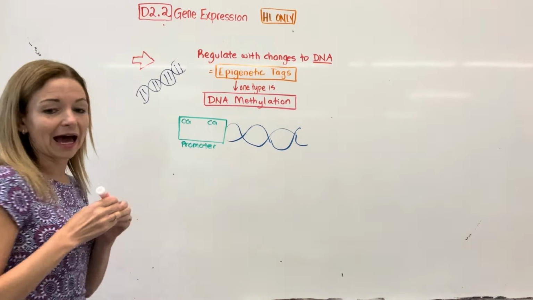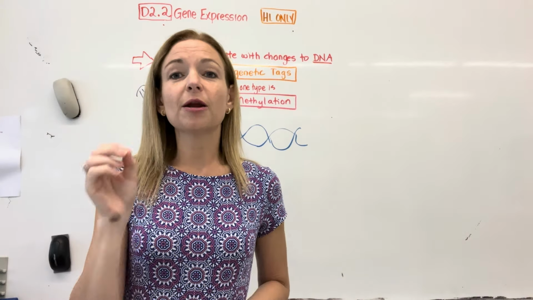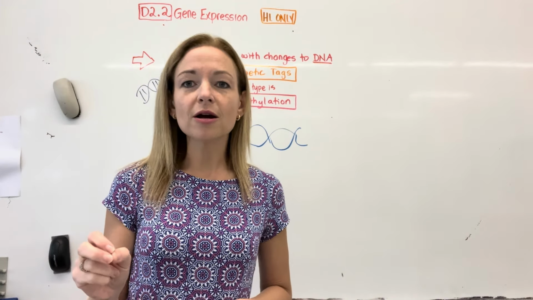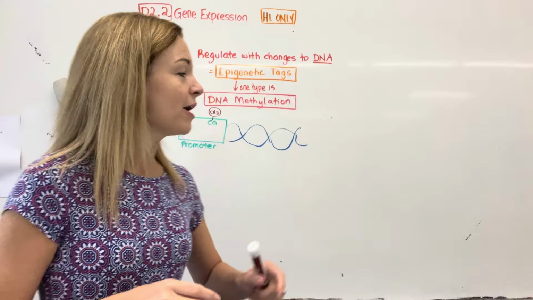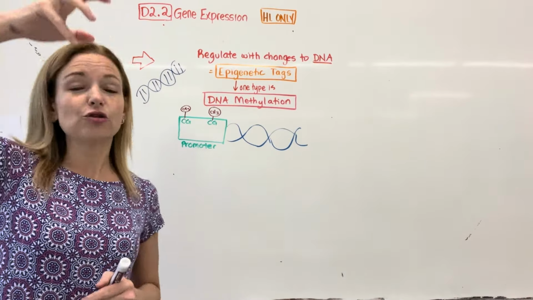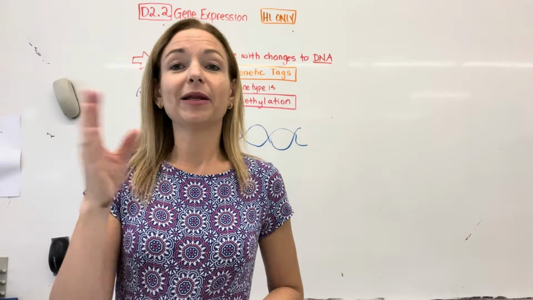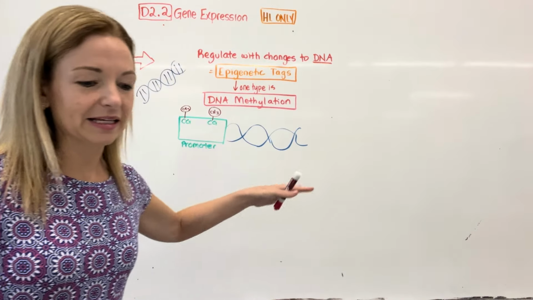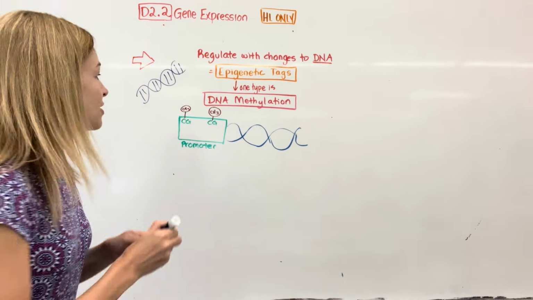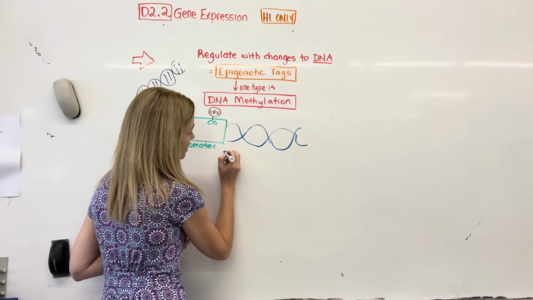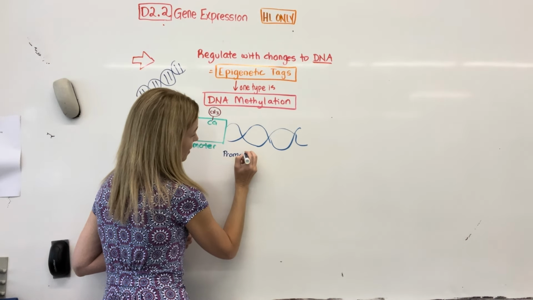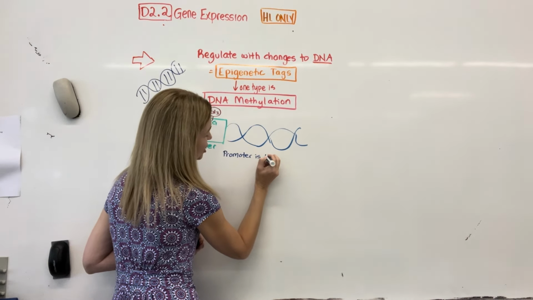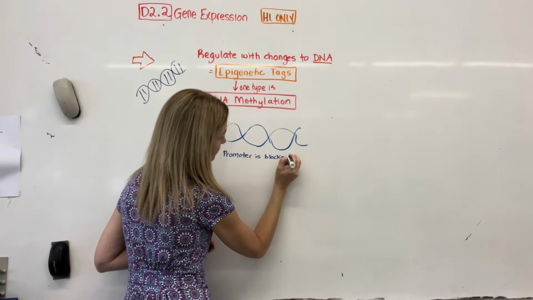So they're going to bind to the promoter, and by having those bound to the promoter, the polymerases and transcription factors can no longer bind. So it basically blocks the promoter. Now the promoter is blocked, and this gene is essentially turned off.